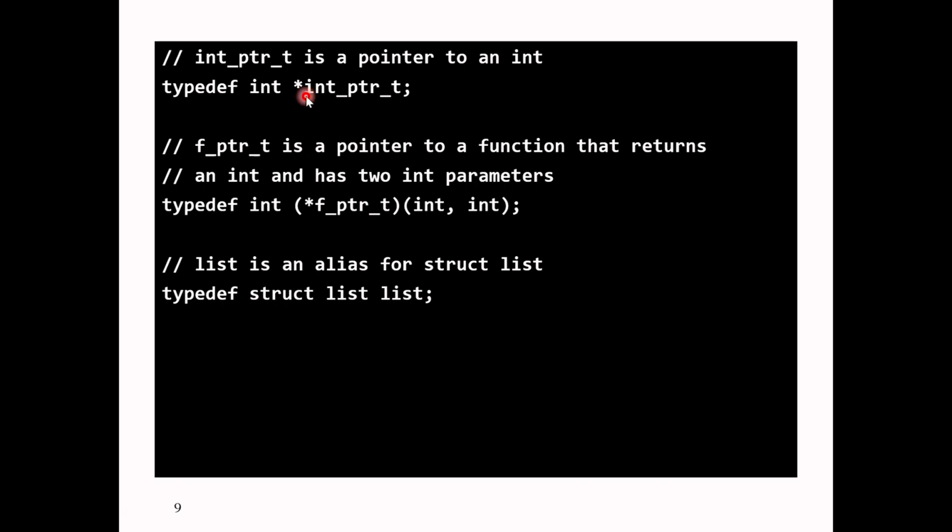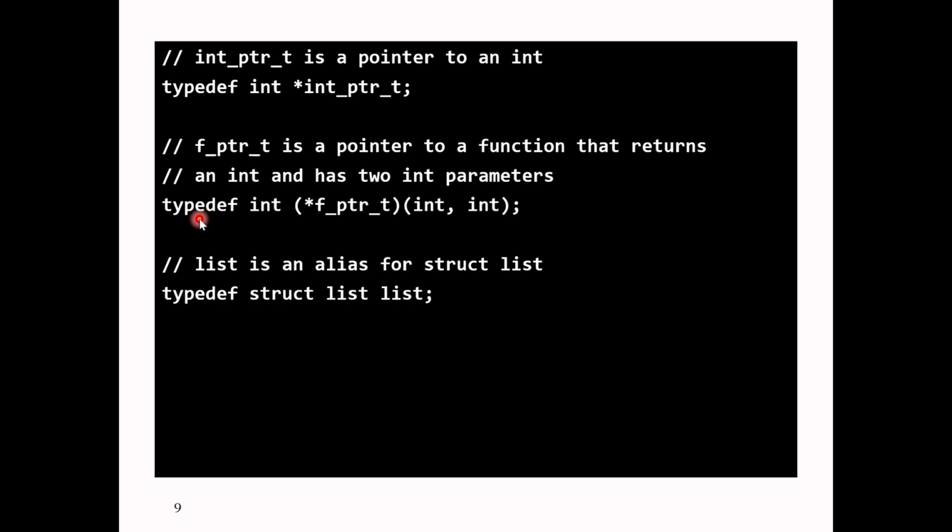I can give that the name int_pointer_t. So whenever I write int_pointer_t, that's indicating to you that the variable type is a pointer to an int. fptr_t is a pointer to a function that returns an int and has two int parameters. So we're going to look at these in more detail later. For now, this is just an example.